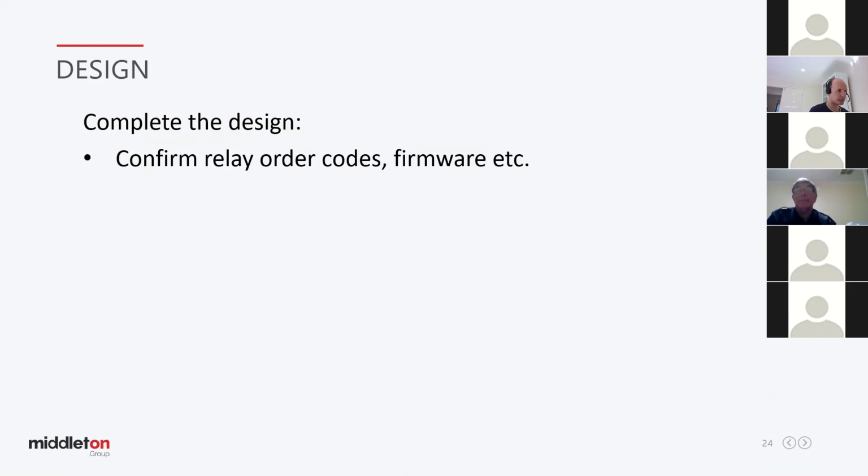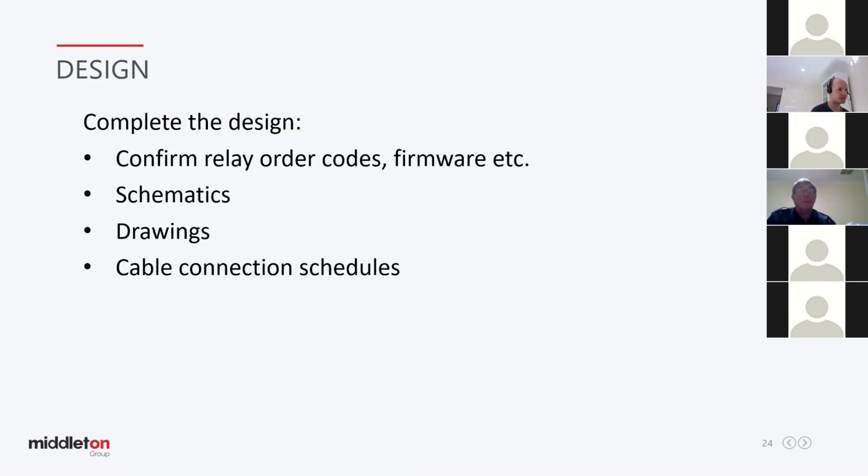Generally, relays are long lead time items. Depending on the manufacturer, it might be 8 to 12 weeks or even longer if they're a custom order, or it depends where they're located. So we really want to get that confirmed and locked down up front and make sure that we get our order in.